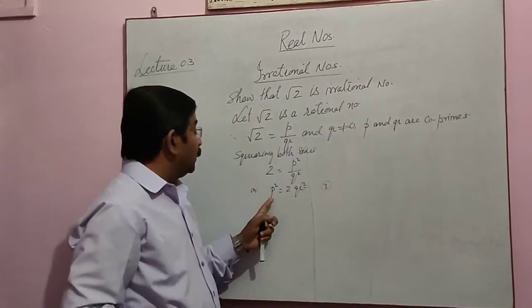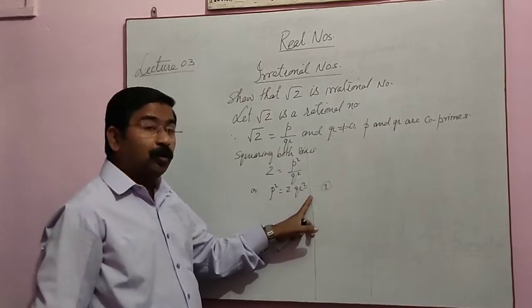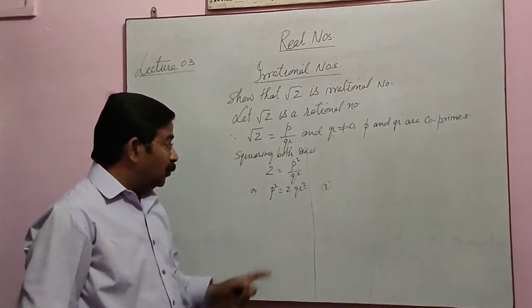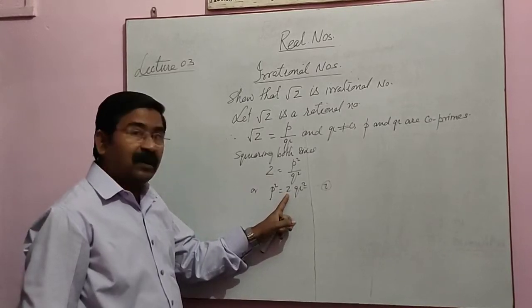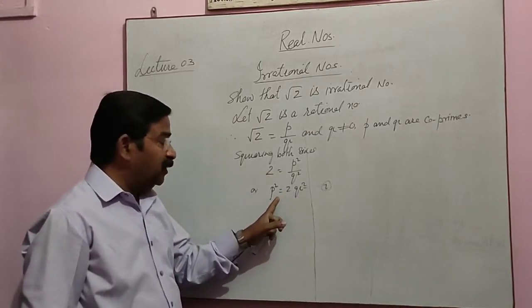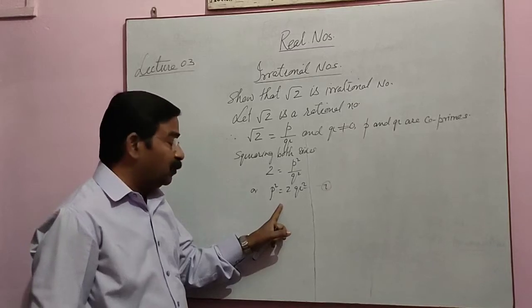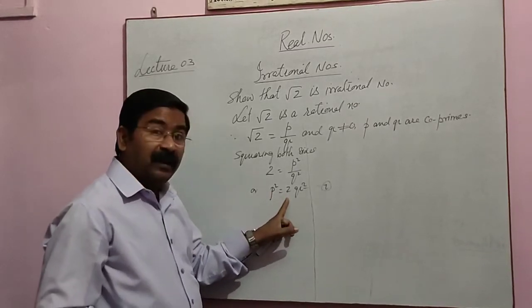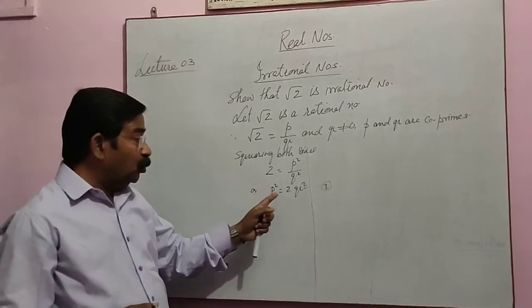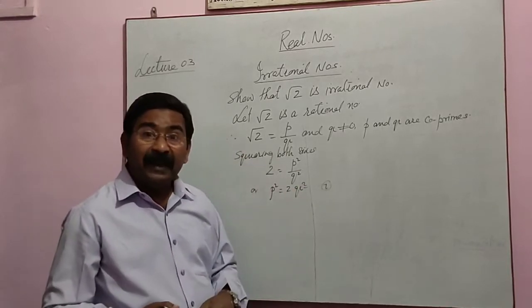Now here, see this. P square is equal to 2q square. What we see? We see that 2 is a factor of p square. P square is a perfect square number. So 2 is a factor of p square. Then according to the rule, 2 is also a factor of p.